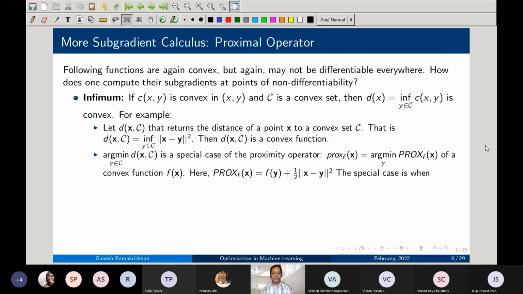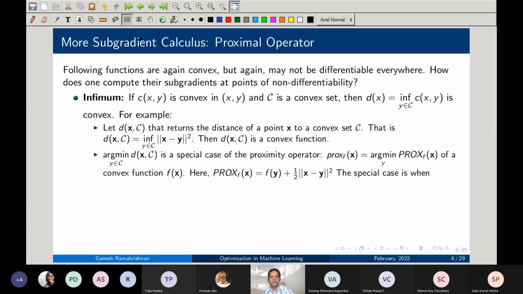Okay, so let's move on to the next topic, which is proximal operators. These are again very interesting, very useful when it comes to analysis of constrained optimization. So if C(x,y) is convex in x, y, and C is a convex set, then the distance of a point x from the set C, I can show it.